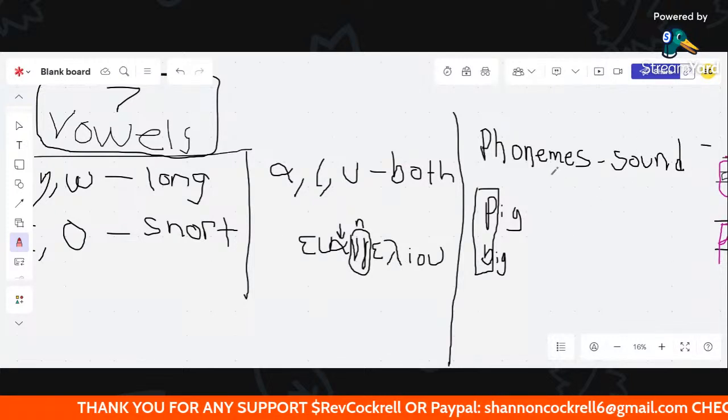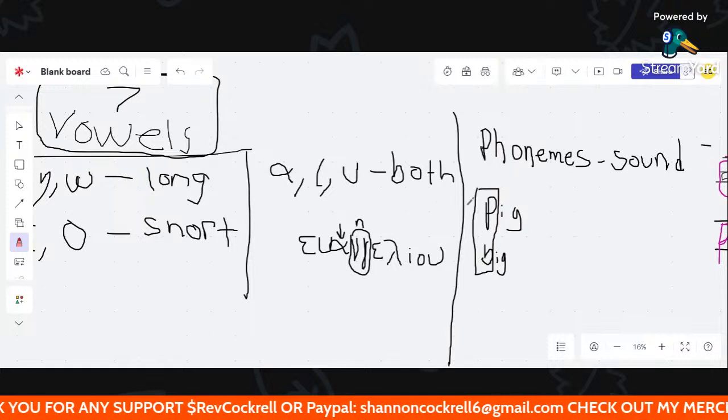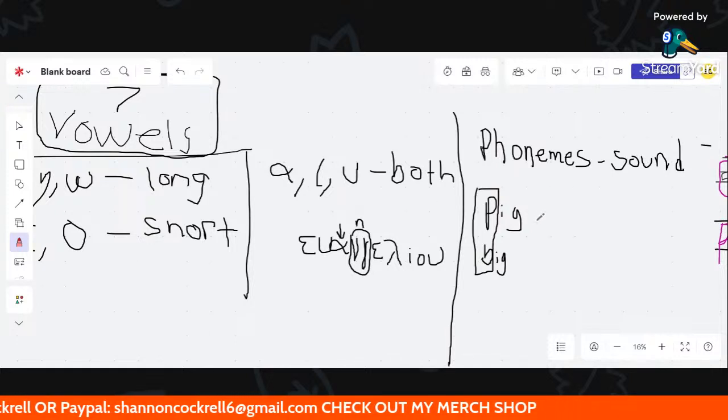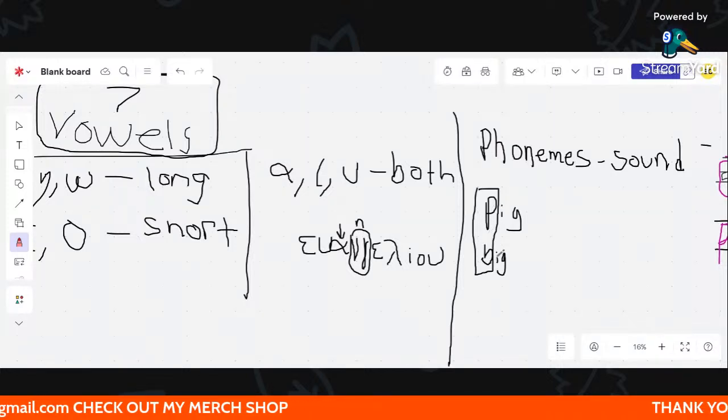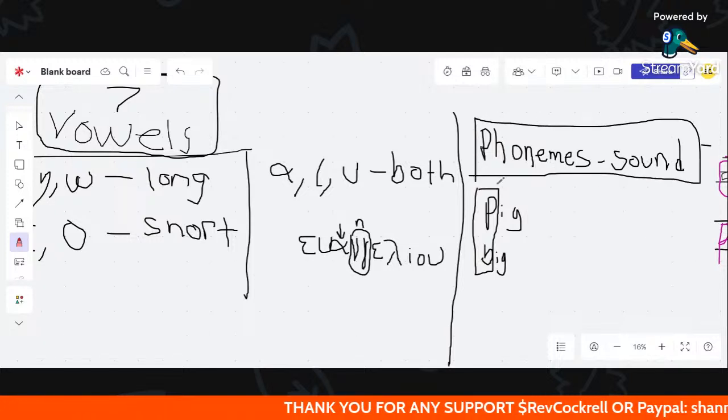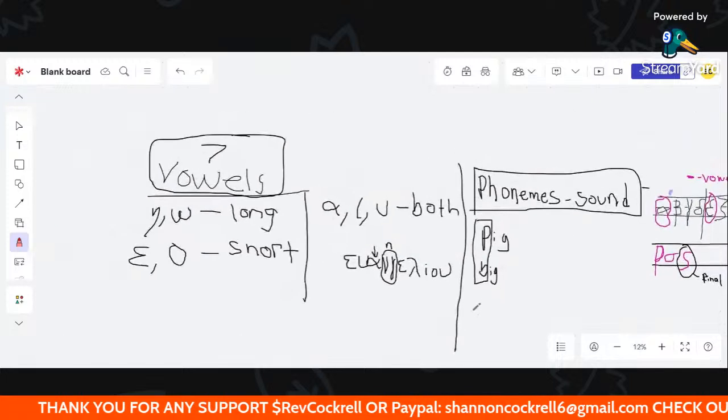Phonemes are the sounds that the speaker of a language knows to be meaningful parts of that language. P and b are very important because it changes the word. So phonemes represent sound, and they're small forms.